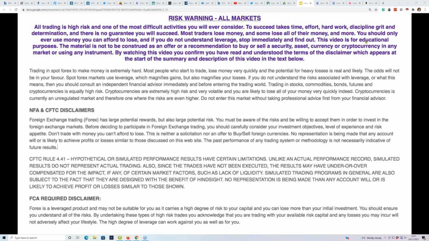I genuinely can't stress that disclaimer more strongly. It is risky, so please don't put money that you cannot afford to lose at risk.